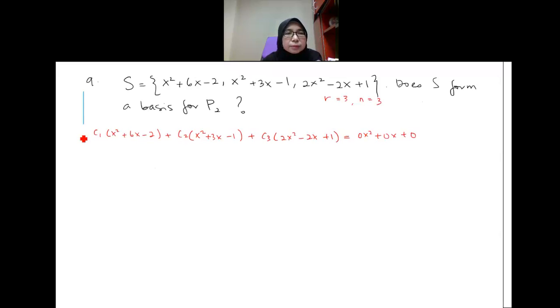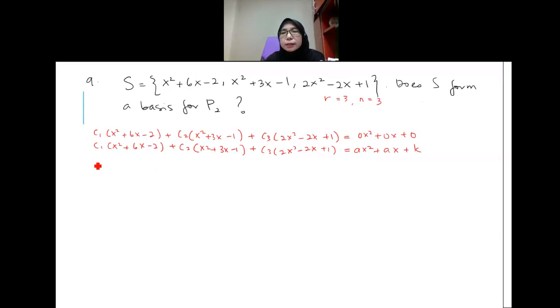For a spanning set, it equals an arbitrary vector, x squared plus ax plus, I just write here, k. Okay, done with the linear combination.